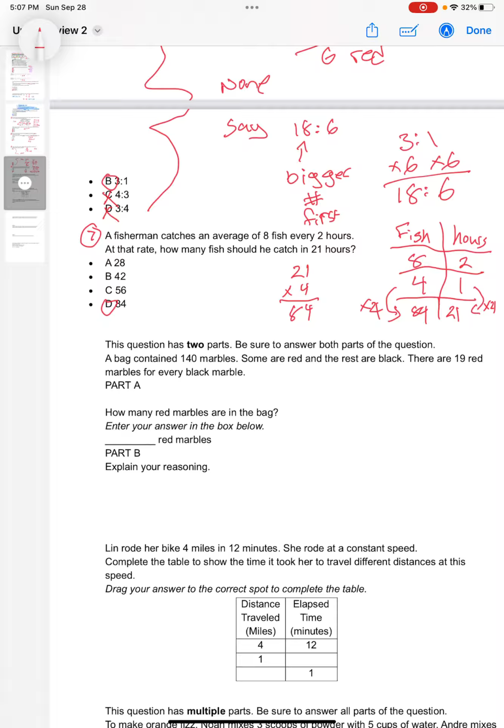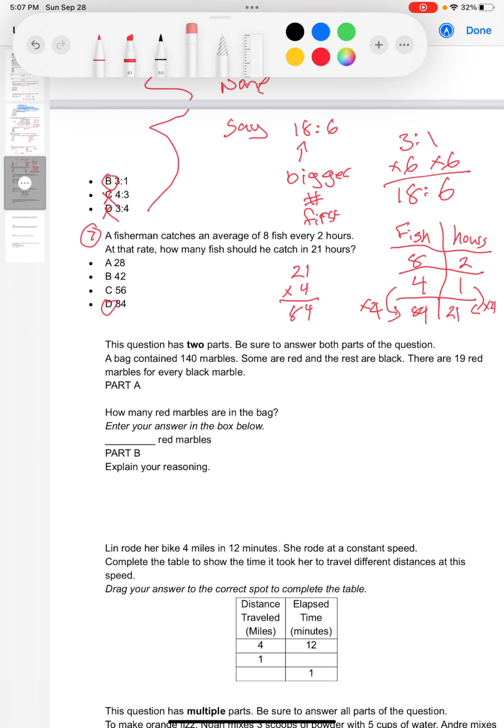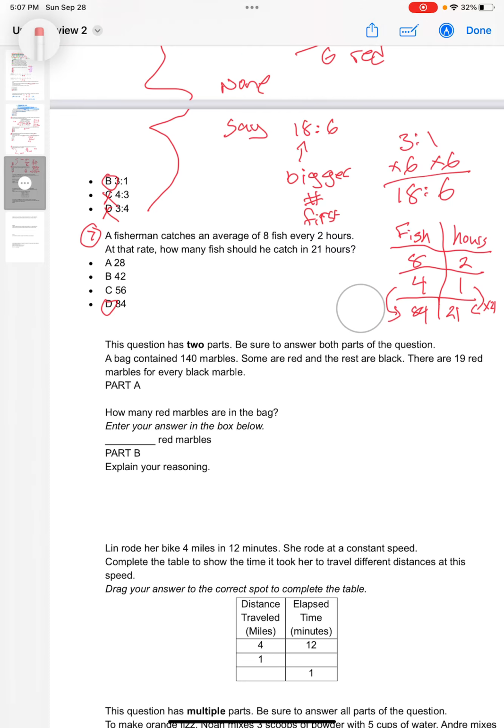Now, we can use a number line and count up to that, but it's your choice. And so, if we do the number line, it would look like this.